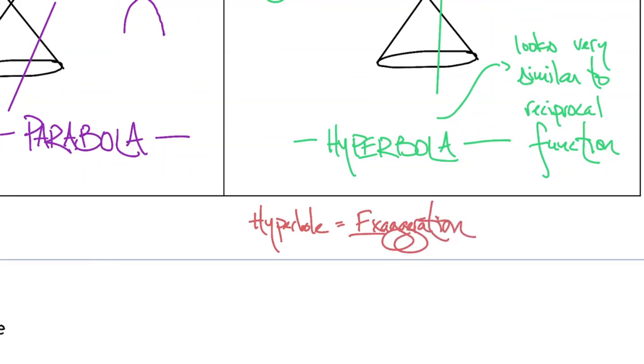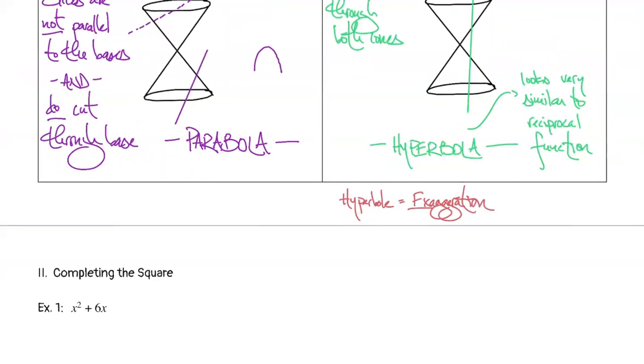Okay, so a little vocab for you today. Hyperbole is not the shape we're looking at. Rather, hyperbole is an exaggeration, and a hyperbola is the shape that we are looking at, right? So the only difference being that E on the end versus an A on the end changes the meaning of that word.